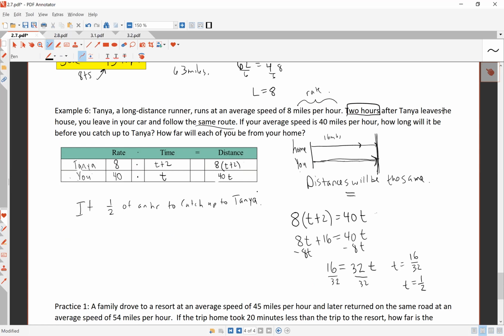But it also asks how far will we be from home once I catch up to her? And there's two ways to find this. How far is the distance? So it's either take 8 times t plus 2 or 40 times t. t is 1/2, so 40t will be 40 times 1/2.